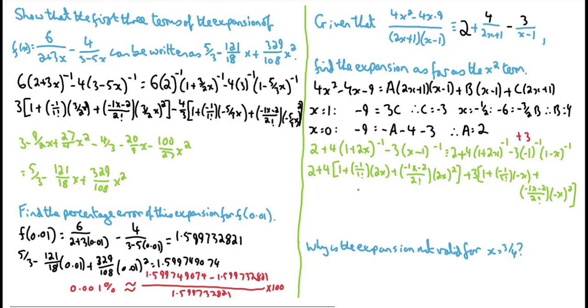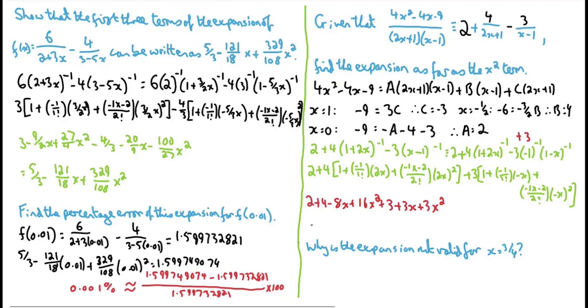To now expand and simplify this bracket, again as we have done before, you would end up with 2 plus 4 minus 8x plus 16x squared, and then plus 3 plus x plus 3x squared. All of these end up balancing out to just all have coefficients of 3.